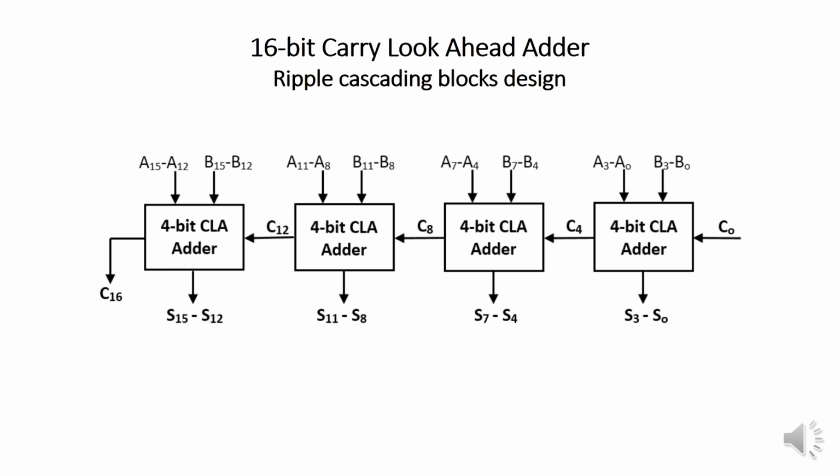Every 4 bits you can do in parallel, but every ripple carry will only be generated after the previous carries are generated. So, unless C4 is available, you cannot start addition in the next module. Unless C8 is available, you cannot start addition in the next module, and so on. So, in this alternative, the carry propagation between modules is still slowing down the adder.